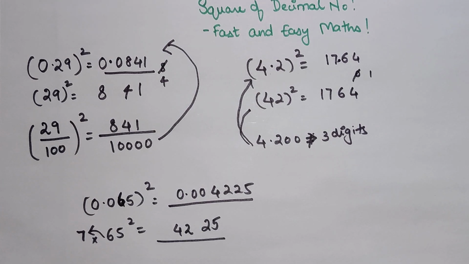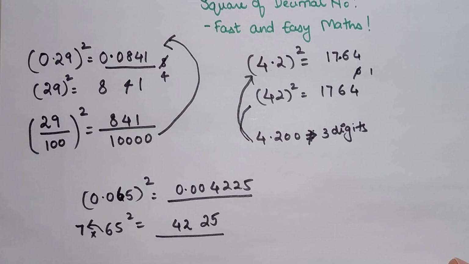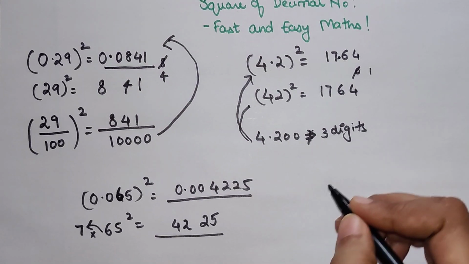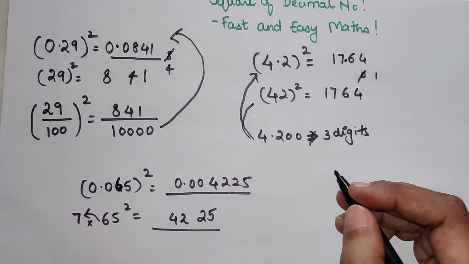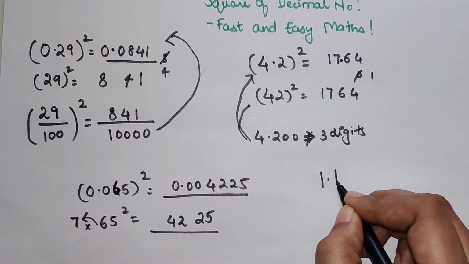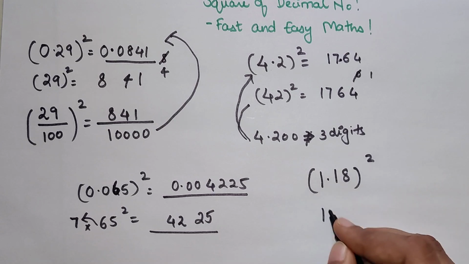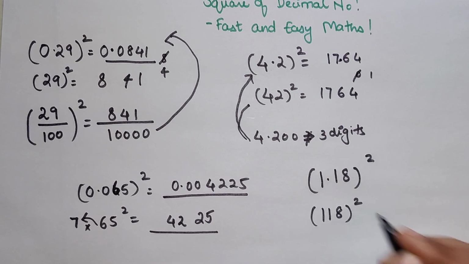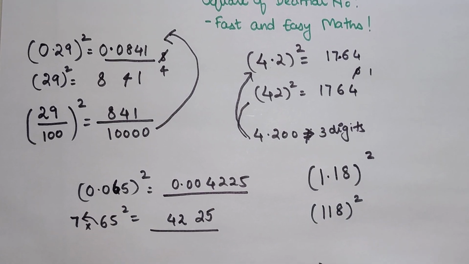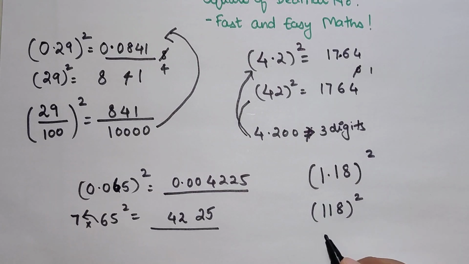Okay, so now over here let's try one more with 3 digits. So 1.18, that is the square I'm looking for. So basically I'm looking for 118 the whole square. Here 118 can be split into 11 and 8.